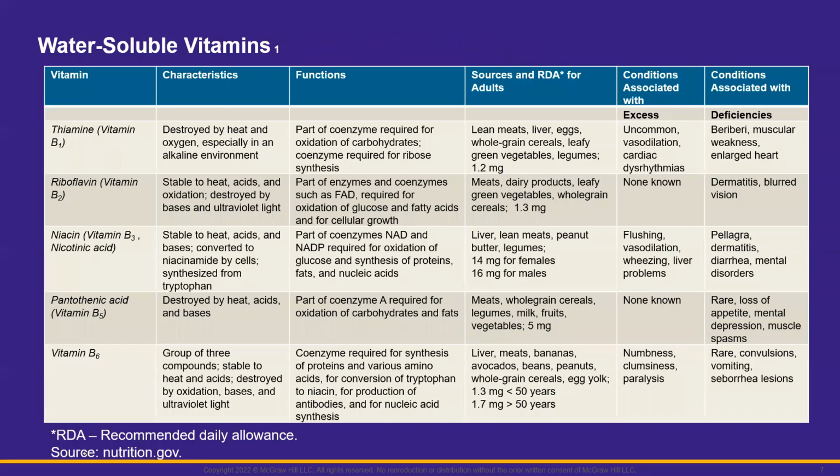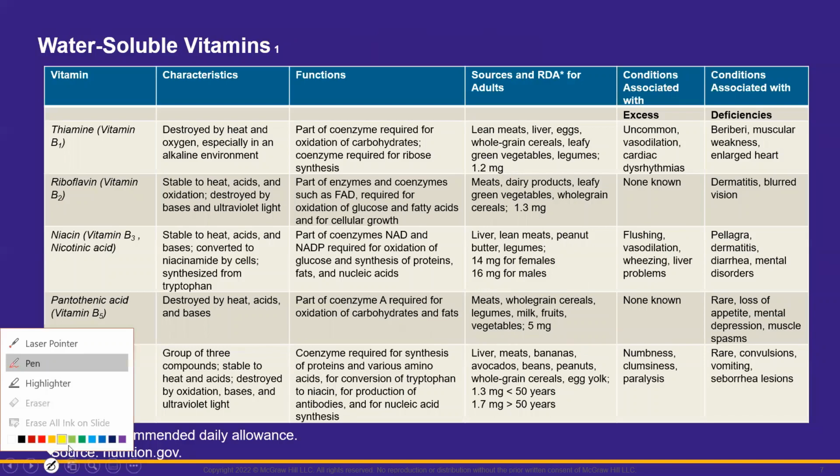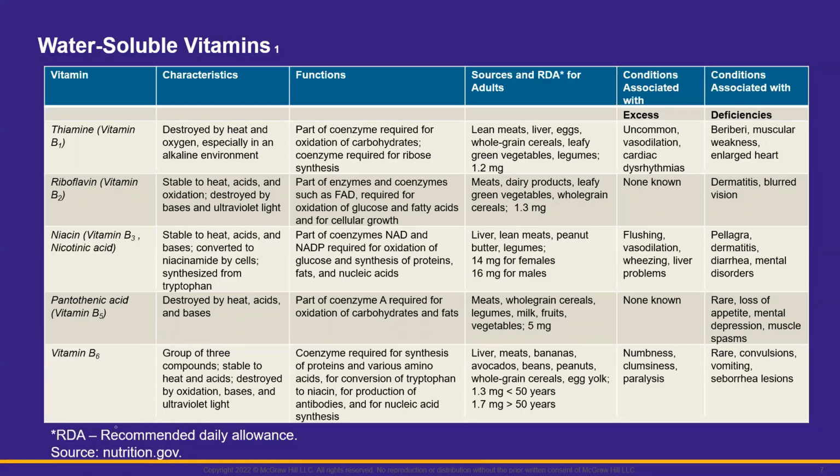Okay, now the functions, sources, and recommended daily allowance. Vitamin B1 or thiamine is destroyed by heat and oxygen, especially in an alkaline environment. Function: part of the coenzyme required for oxidation of carbohydrate, and coenzyme required for ribose synthesis. Sources: lean meat, liver, eggs, whole grains, cereals, leafy greens, vegetables, and legumes.